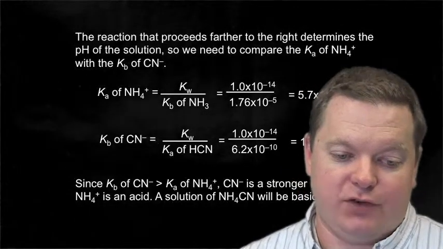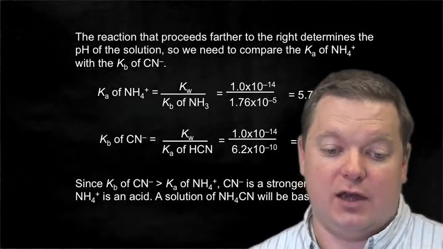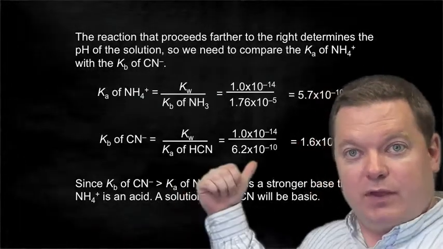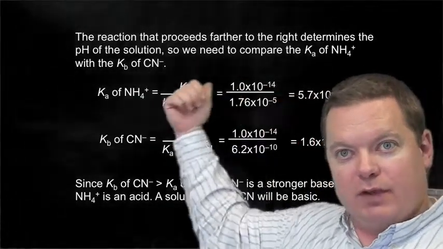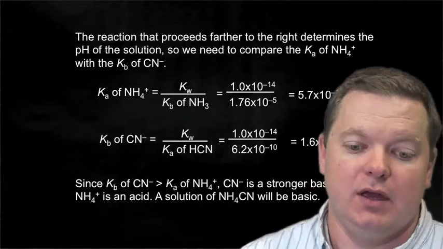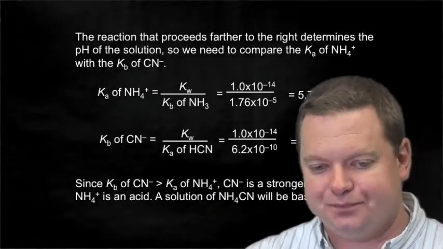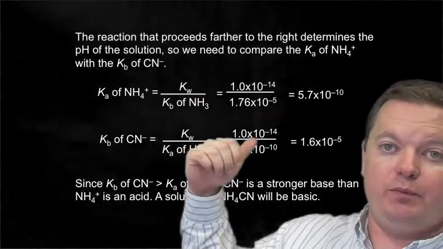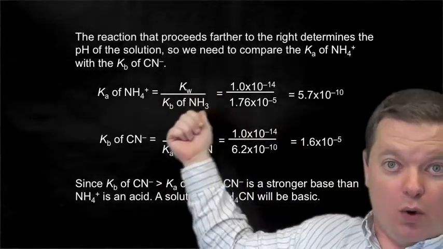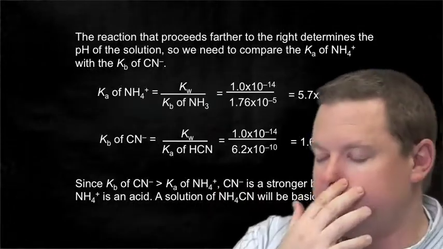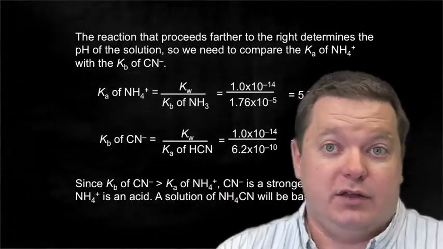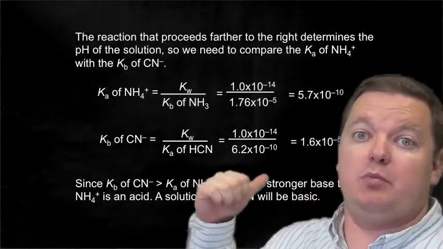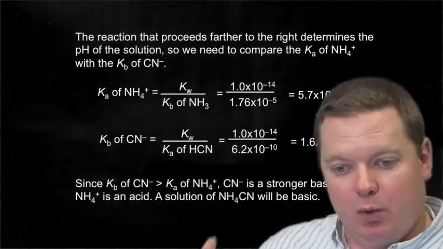So this NH4CN is going to be a basic solution. This process is going to dominate over this process because of the size of those equilibrium constants. Right? Mathematically, these are more difficult to solve. Typically, one of them is going to dominate. We're going to ignore the other process. We probably won't do, honestly, very many of these calculations because of the complexity. I just want you to be aware of them.